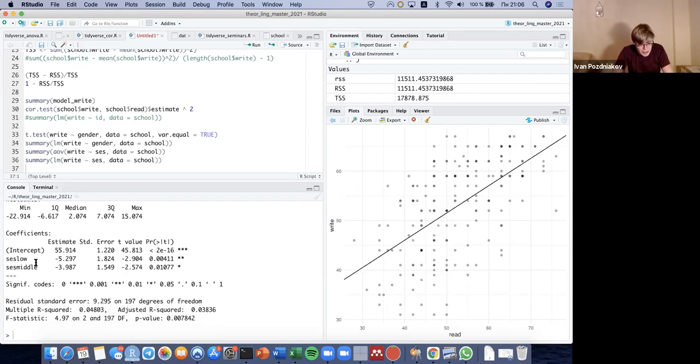T-test is a special case of linear regression. Correlation can be considered a special case of linear regression. Even ANOVA is a special case of linear regression. So all these methods are interconnected.